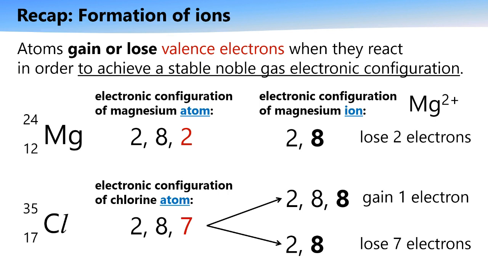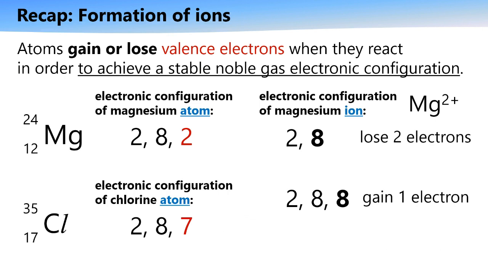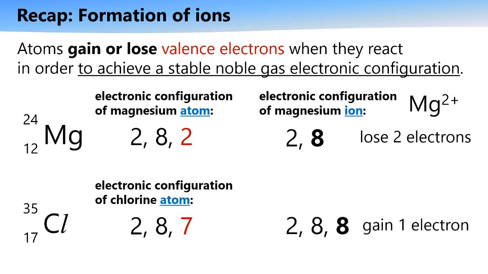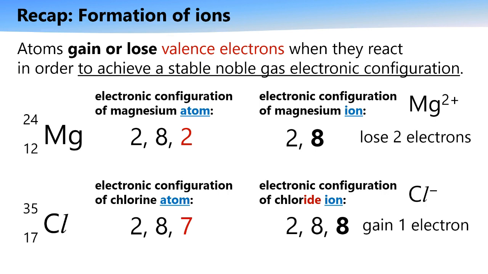Which one do you think is easier? I'm sure you know that gaining 1 electron will be easier. So in this case, the electronic configuration of the chloride ion is 2,8,8. And since it has gained 1 electron, the symbol representing the chloride ion is Cl-.